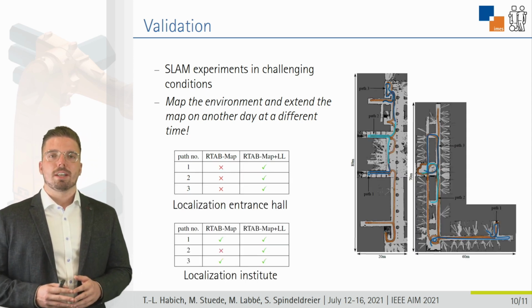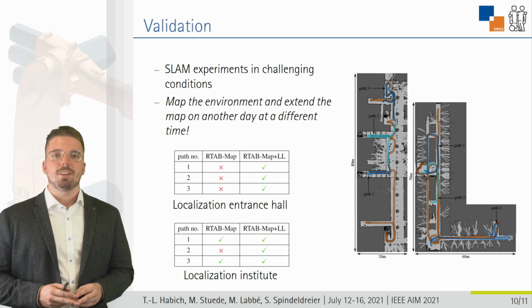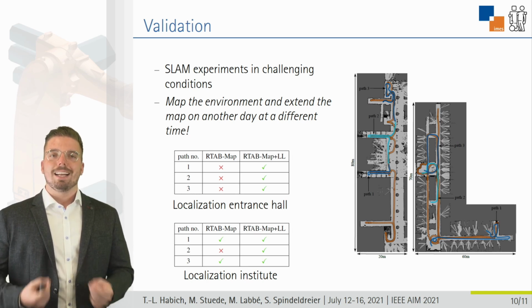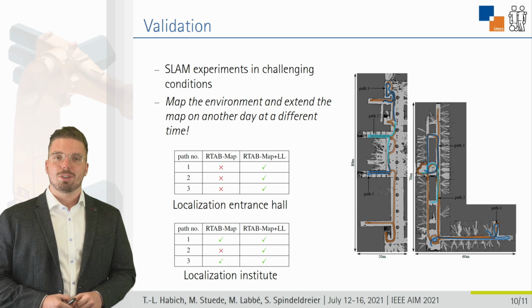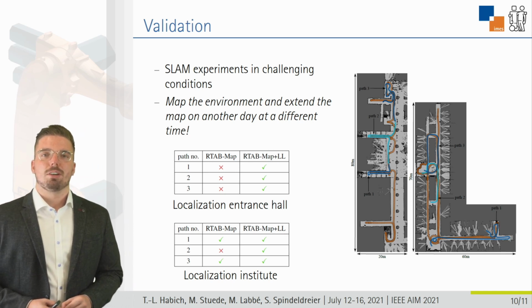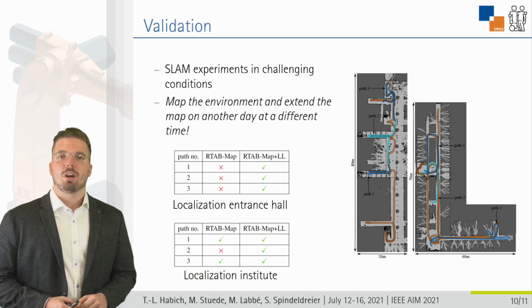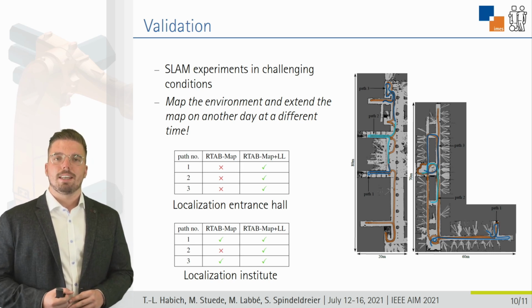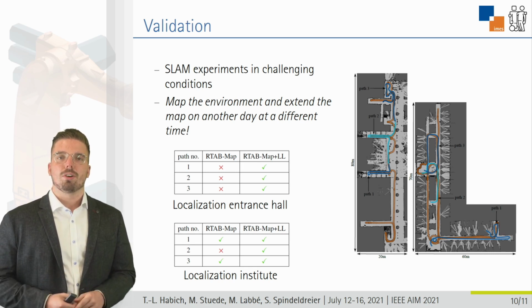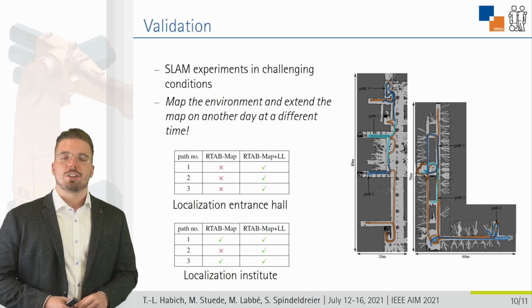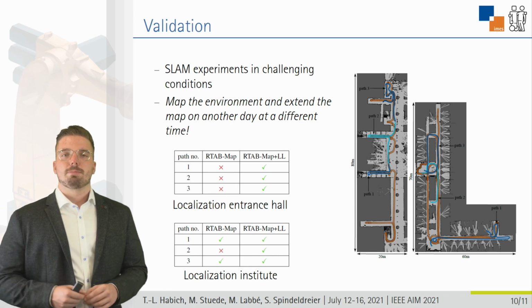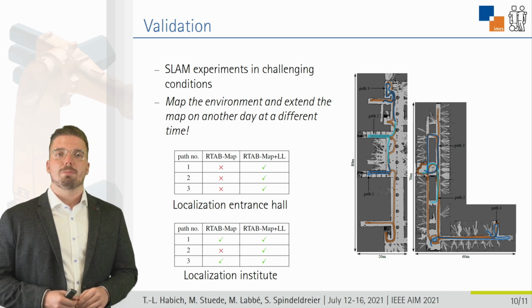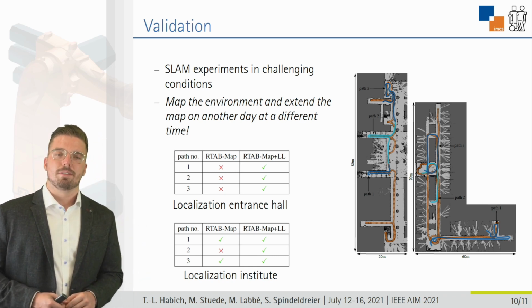Similar experiments were conducted in 2 challenging indoor environments, an entrance hall with many glass fronts and an office environment with several corridors. RTAB-Map operation realizes successful localization in 2 out of 6 paths, whereby in the respective areas a change in sunlight has a small influence due to a large amount of artificial light.